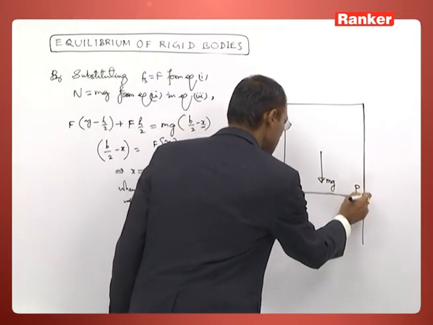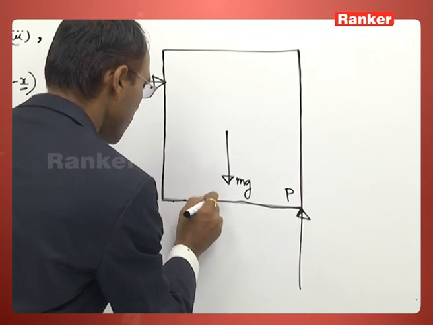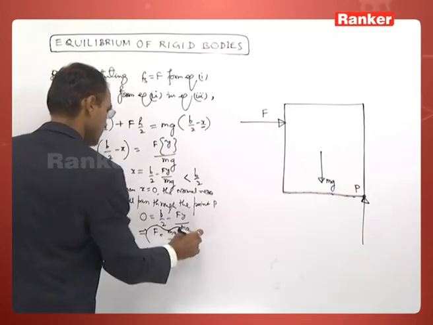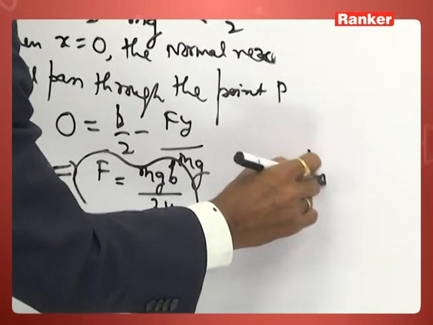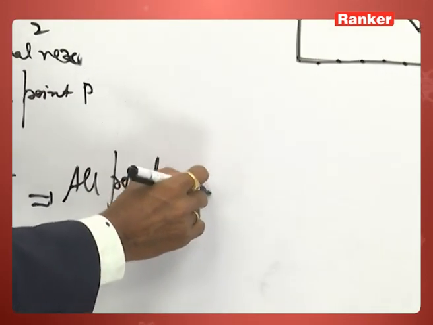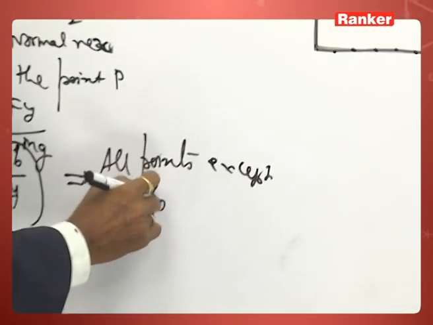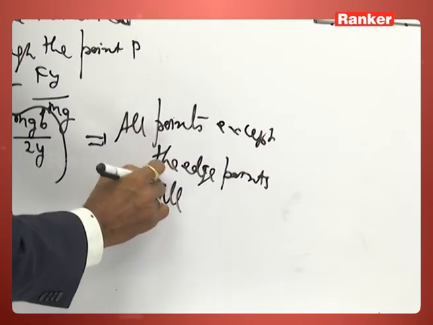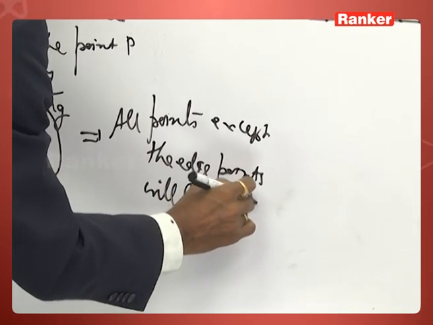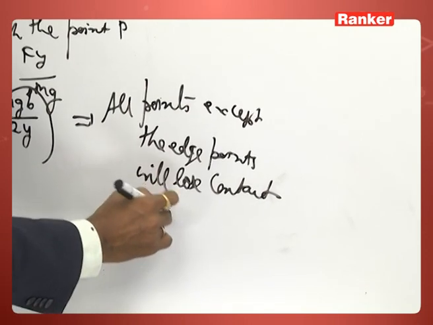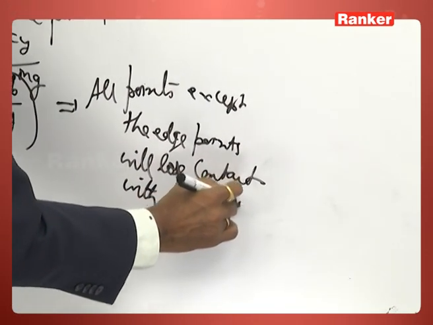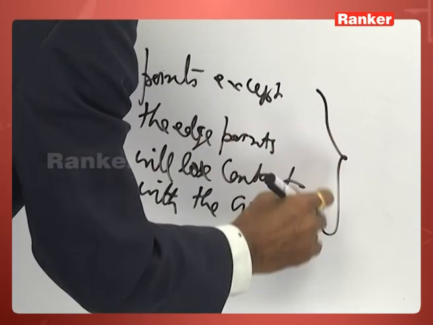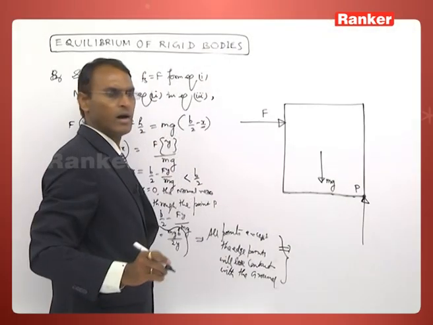All the points except the edge points will lose contact with the ground. And then we can say that the body is under toppling.